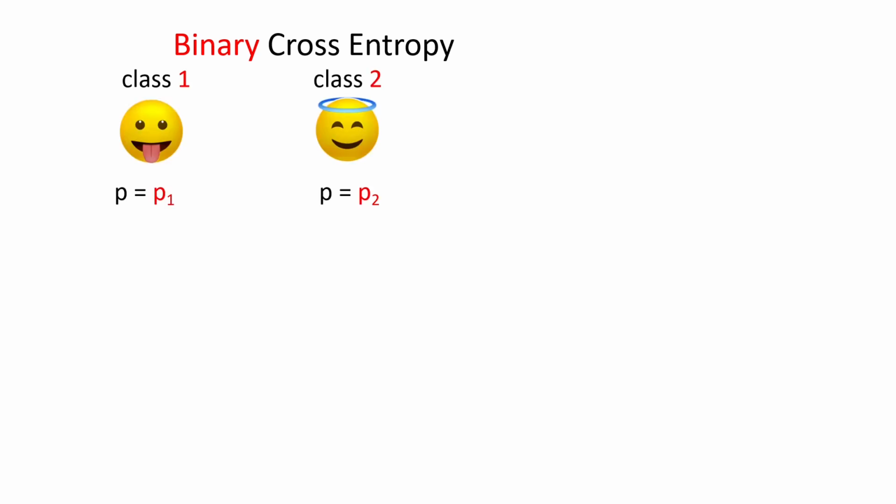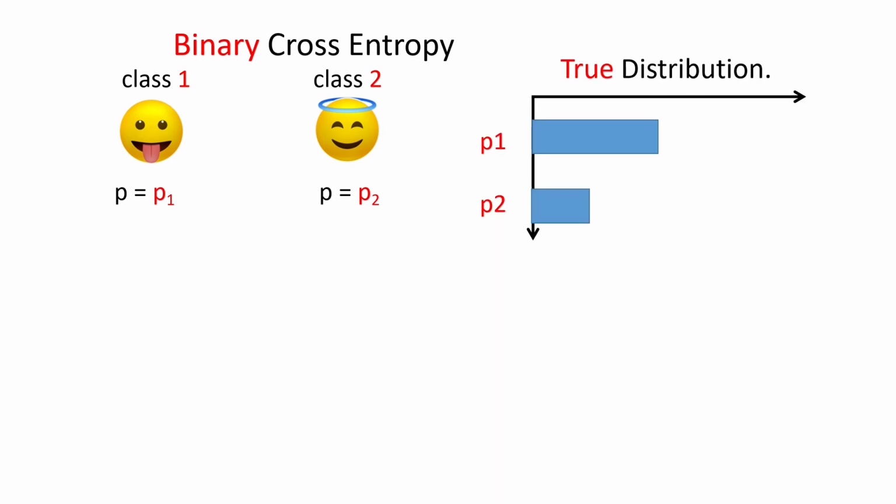Last, I want to touch upon the concept of binary cross entropy, which is just the normal cross entropy written in a different way. So for the two case scenario, let's assume the two events have probability P1 of x and P2 of x. So this is our true distribution. Since P1 plus P2 equal to 1, we can say P2 equal to 1 minus P1.